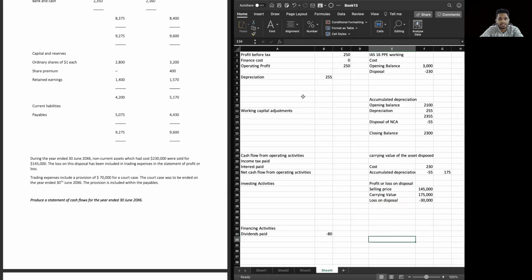So this is a non-cash expense. So the loss on disposal needs to be added back, right? So if you're removing an expense, your profit is increasing, so you will be adding the loss on disposal, which is 30,000.